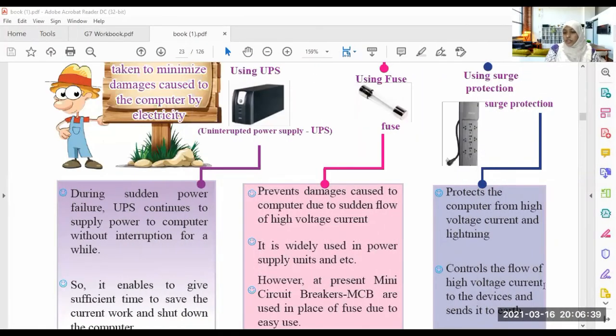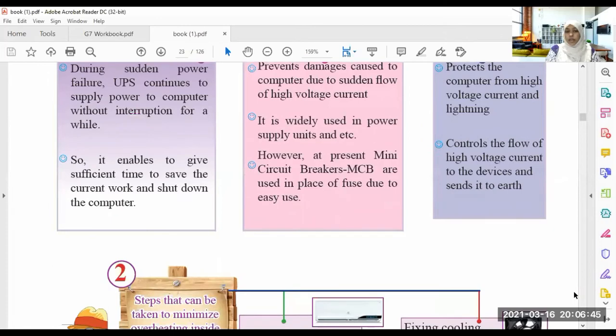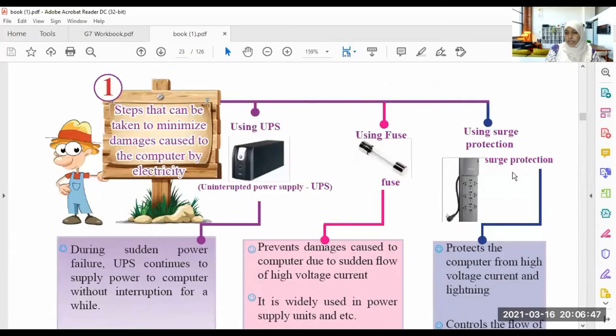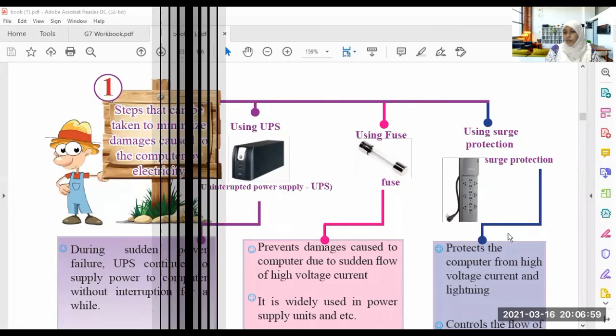Another thing, it controls the flow of high voltage current to the devices and sends it to the earth, as I told you, right? So these devices are used to prevent the damages which are caused to the computer by electricity. UPS, fuse and surge protection.